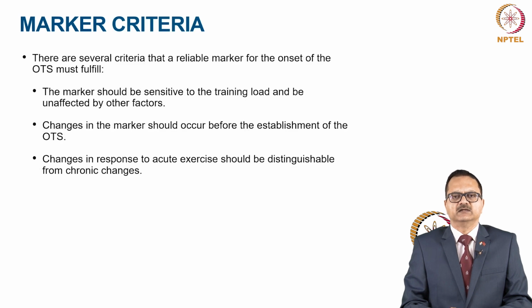There are several criteria that a reliable marker for the onset of overtraining syndrome must fulfill. The marker should be sensitive to the training load and be unaffected by other factors. Changes in the marker should occur before the establishment of the overtraining syndrome. Changes in response to acute exercise should be distinguishable from chronic changes.